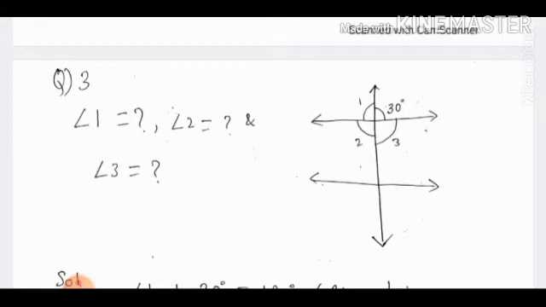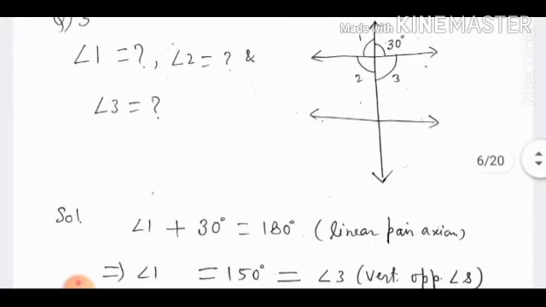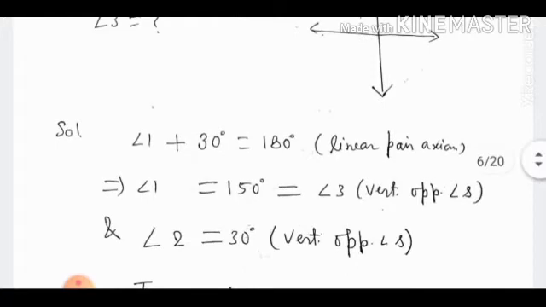Angle 3 can be obtained. See here, angle 1 plus 30 degrees is equal to 180 degrees because of the linear pair axiom. This implies that angle 1 is equal to 150 degrees, which is angle 3. As angle 1 and angle 3 are vertically opposite angles, that's why angle 1 and angle 3 are 150 degrees. Now angle 2 is 30 degrees because it is a vertically opposite angle.